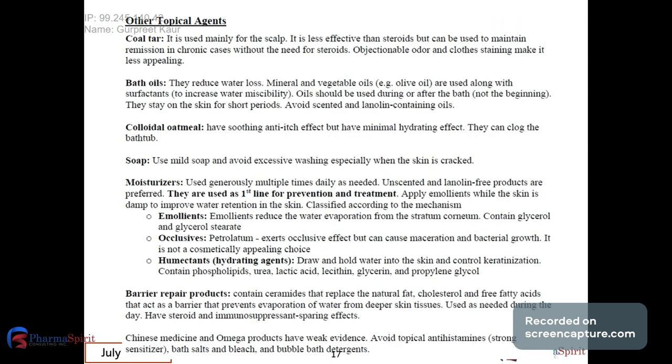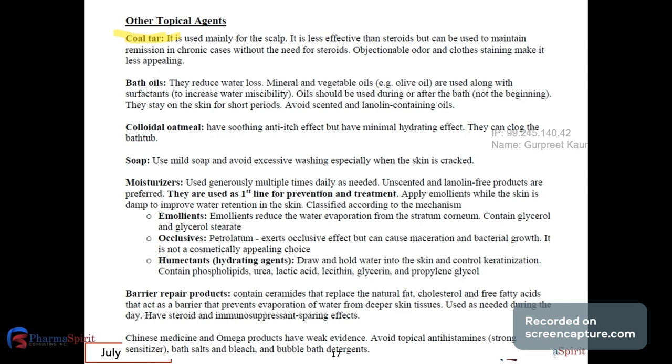So now we'll start talking about other topical agents that we use for eczema and atopic dermatitis. Of course, the backbone therapy includes topical steroids and calcineurin inhibitors. However, there are other agents that we still can use for these conditions. The first one we have here is coal tar, and coal tar is used mainly for the scalp when the atopic dermatitis or the eczema involves the scalp.